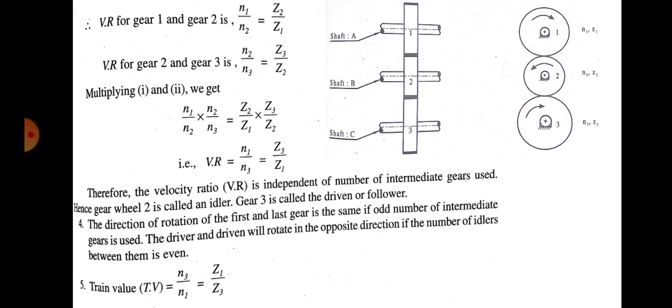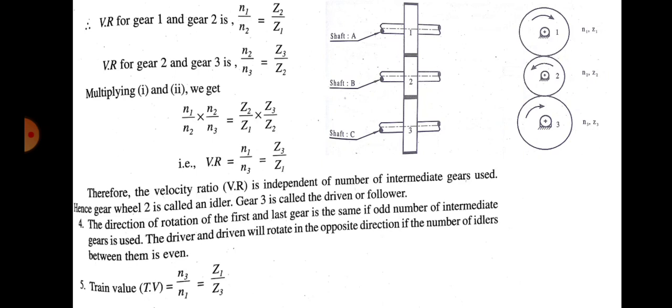Now suppose the number of intermediate gears between driver and driven is even, that is 2, 4, 6 and so on, then the driver and driven will rotate in opposite directions. So you need to understand this: if the number of intermediate gears is odd, the output and the input will be in the same direction. If it is even, they will rotate in opposite directions.